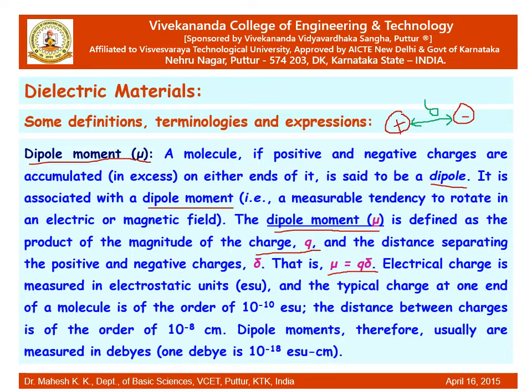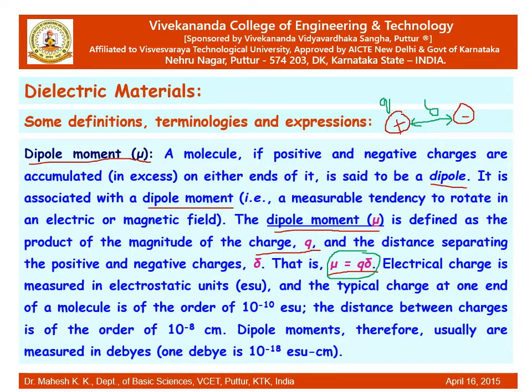Then mu is equal to Q into delta, where Q is nothing but the charge, positive or negative, whatever it is. Okay, so then mu is equal to Q into delta.